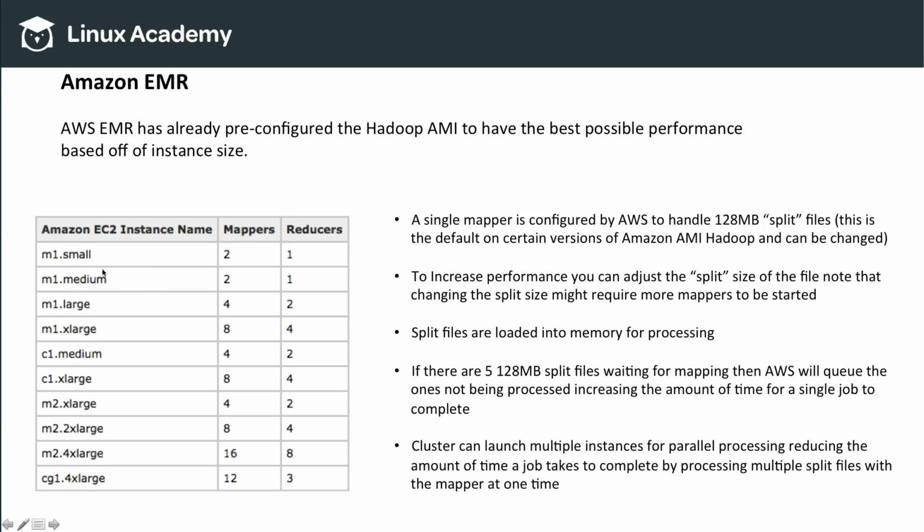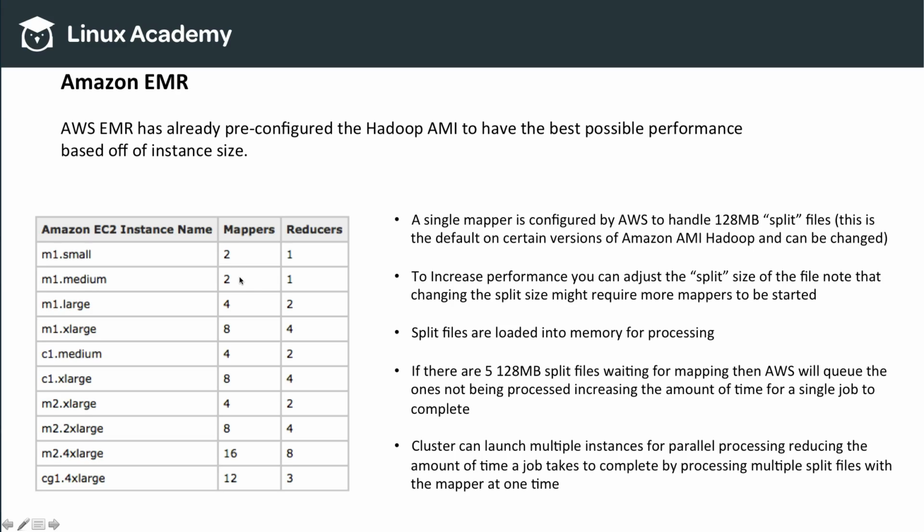So let's take a look at this. An M1 small has 2 mappers, 1 reducer. An M1 medium has 2 mappers, 1 reducer. An M1 large, 4 mappers, 2 reducers. Our M1 medium might have more CPU power, so the amount of time it takes for a mapper to complete would be better.